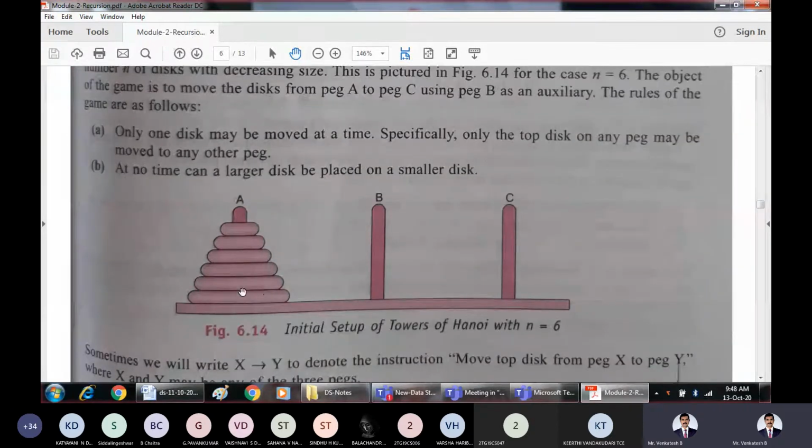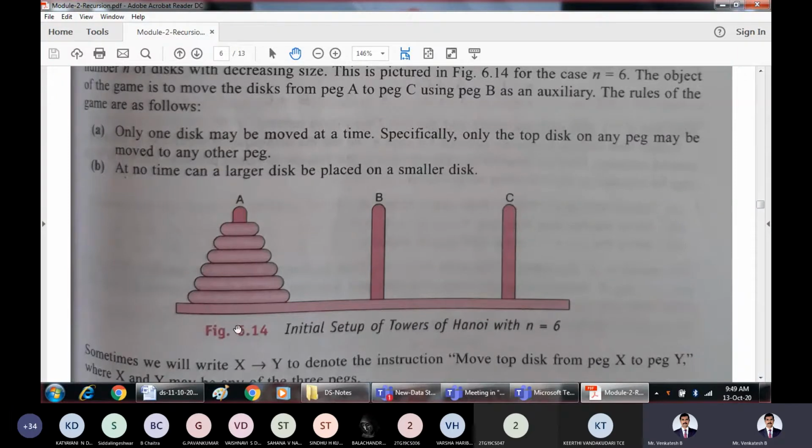If you can see the sizes of the disks, this is the largest in size, and then smaller, smaller, smaller, and smaller. They have been kept in that order because that is how it works. They are also called pegs or poles.